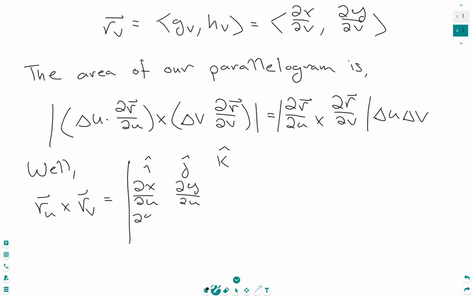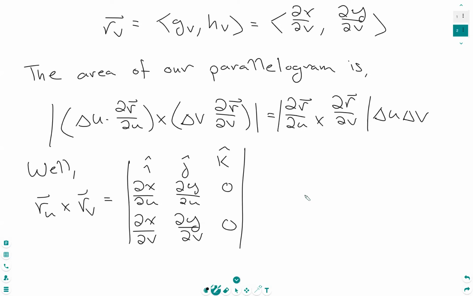And then, oh, these should be partial v's, and this should be an x. I'm messing up this whole bottom here. Let me just rewrite this. This is partial x, partial v, partial y, partial v. And then our z component was 0 in both of those vectors.